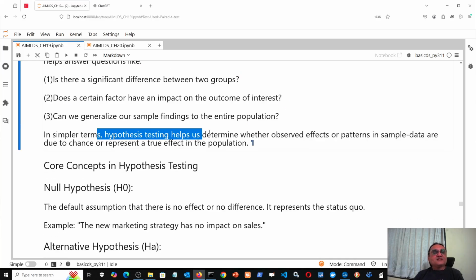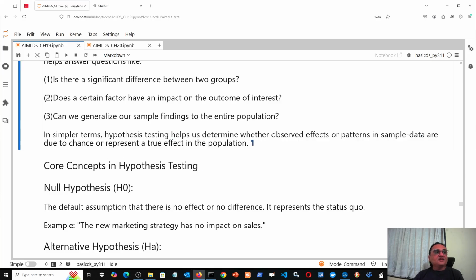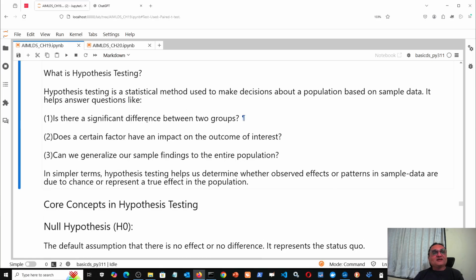So hypothesis testing helps us determine whether the observed effects or patterns in the sample data are merely due to random chance, or whether they represent a true effect in the entire population. So that means the performance gain. Suppose you find that the performance gain did occur compared to the untrained sample. The trained sample has a productivity enhancement of 10%. But was it just a mere chance?